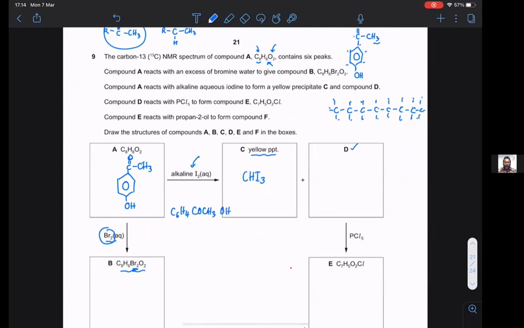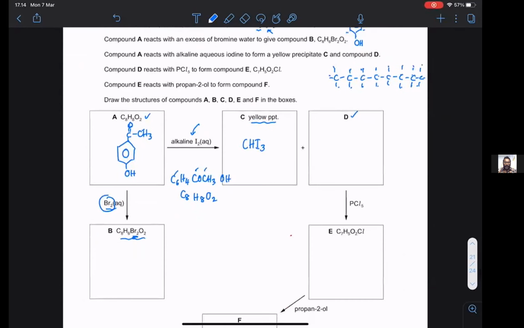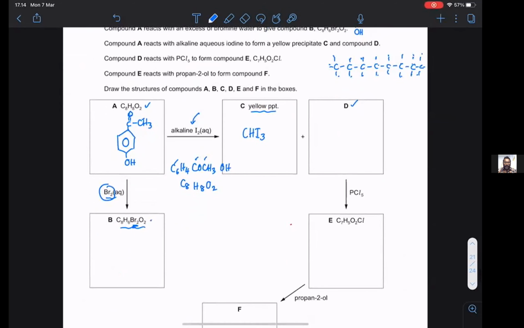If I combine them all together, C8, hydrogen 8, and O2. So this one is okay. But when I react with Br2, you see that the hydrogen suddenly becomes 6. So if there is a decrease in the number of hydrogen, most likely the Br is attached to your benzene group. Then only the hydrogen will decrease.